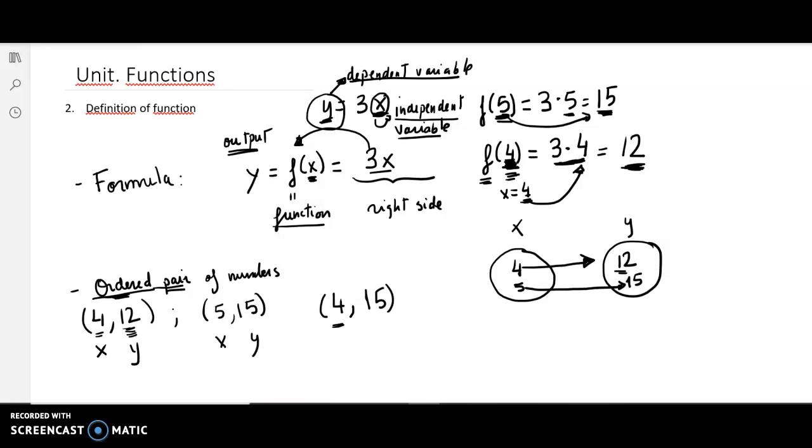So from the 4 cannot go to the 15, because we saw at the beginning of the video that a number in the first set cannot have two relationships. So that's not possible. The 4 appears once, and the 4 has only one relationship. Okay.